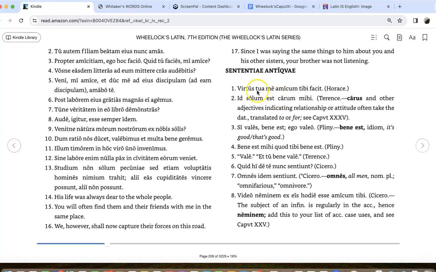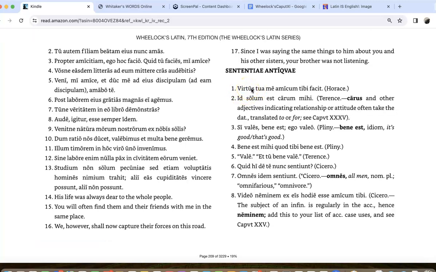Certainly we can just translate it as virtue, keeping in mind it describes something more than moral qualities, but something that is a strength of humans in terms of distinguishing them from the animals and even the gods. So your virtue, me, friend, to you, makes.